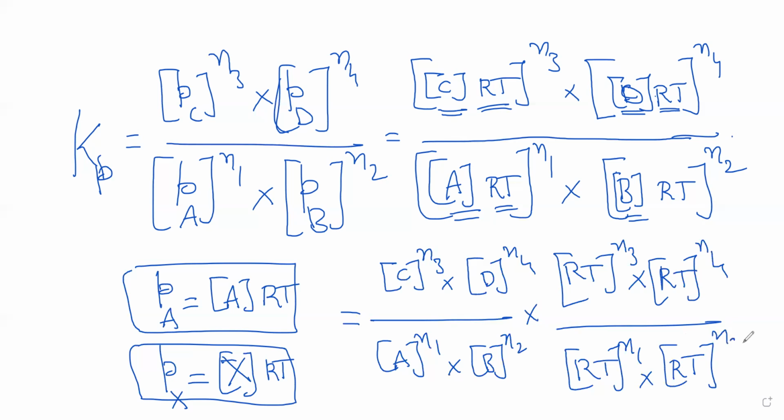So this is how we get it. And what is this term? This term is nothing but Kc, right? Got it, right? So we have Kp is equal to Kc.